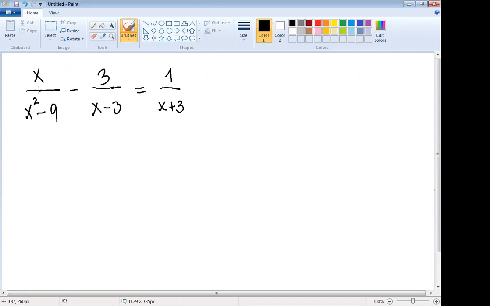Remember that x squared minus 9 is a difference of two squares. Therefore, x squared minus 9 is also equal to x plus 3 times x minus 3. So this is now our LCD, the least common denominator.